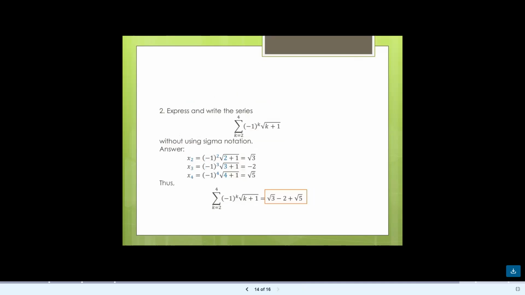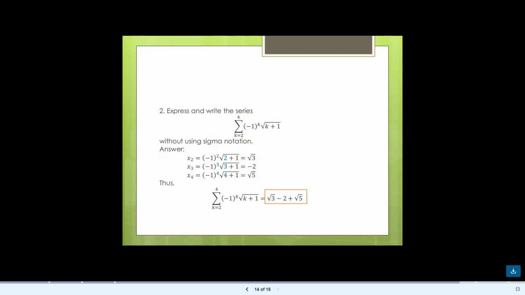Another example, this one seems to be oscillating. You have the sum of -1 to the k power times root k plus 1 from k equal 2 to k equal 4. So all you do is substitute k. Notice k doesn't have to start from 1.